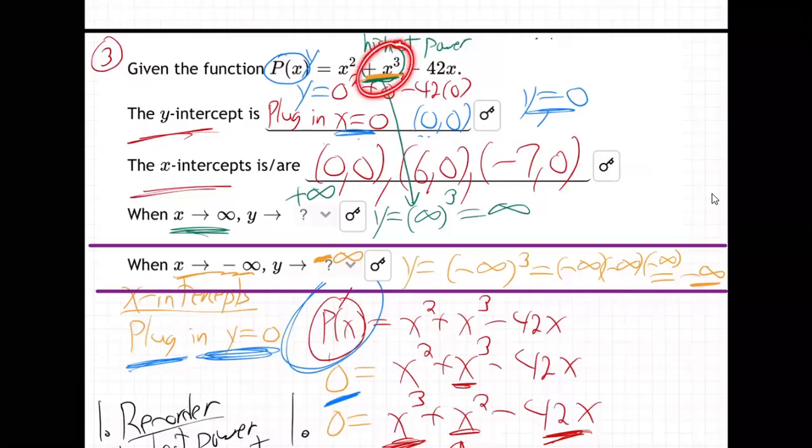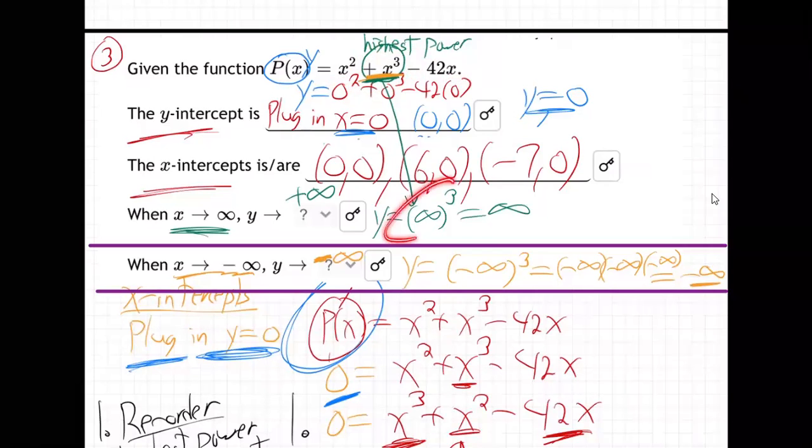The third power term is going to dominate the scene. It's more powerful than the second power and the regular x. So all you need is the highest power, because that'll tell you the story. He will take over. He's in control over the lower powered ones.